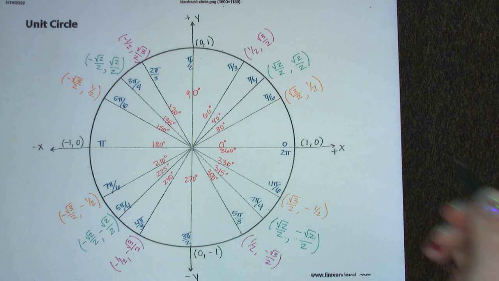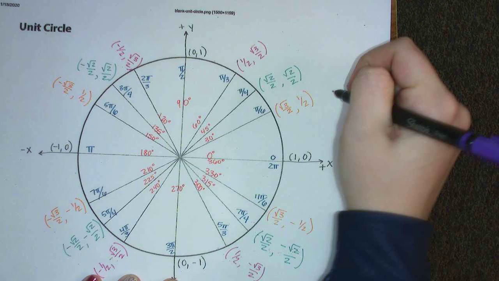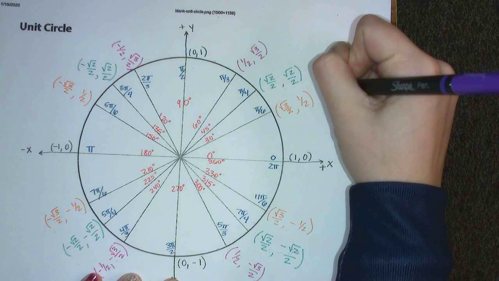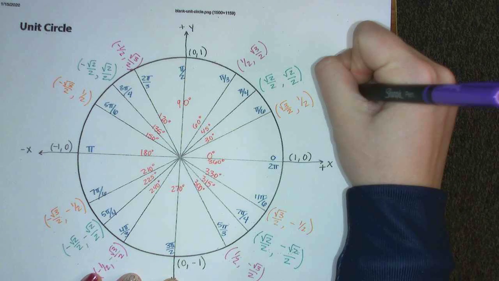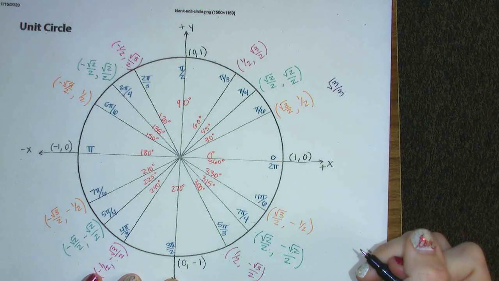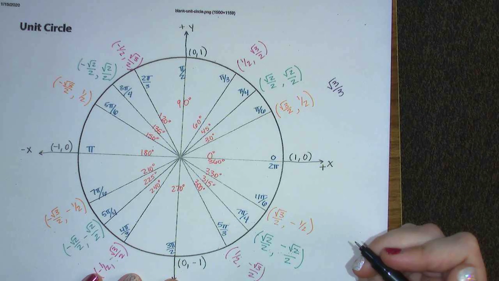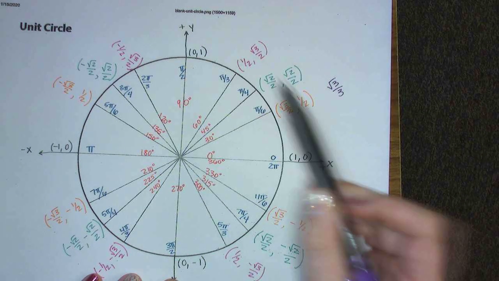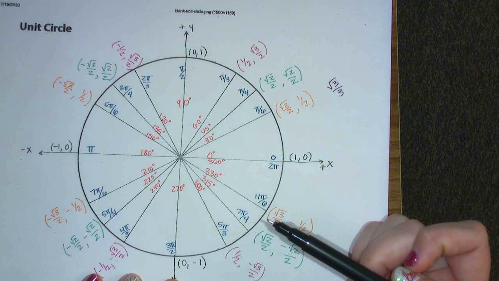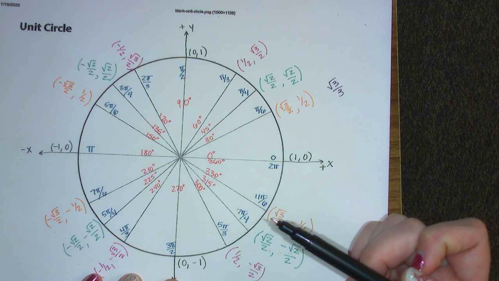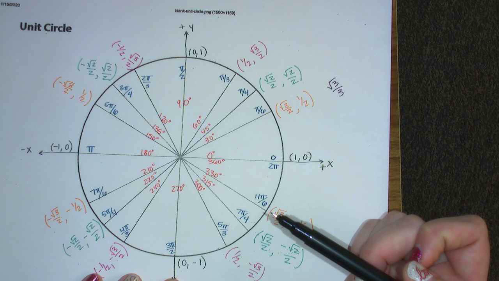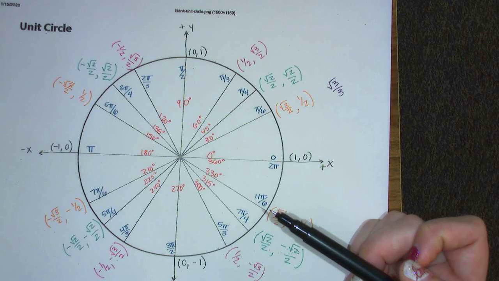So this one out here is root 3 over 3. The ones on the axis won't have one because they're undefined, or 0. I'll do the ones that are 0, but the ones that are undefined I won't do. We'll come back and do those at the end once I explain how to get them.